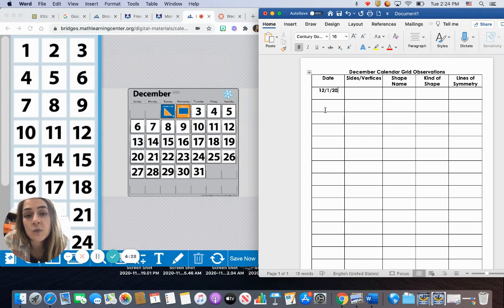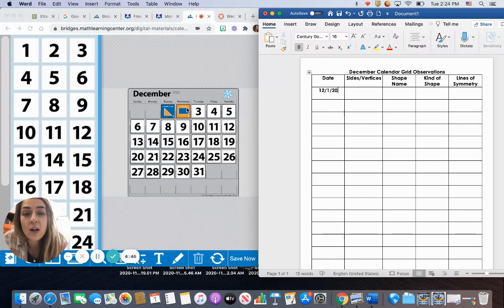Sometimes you'll see it just written 20. You only write the last two numbers. Sometimes you'll see it written like that. It doesn't matter. I'm going to just do 20. All right. Then yesterday's shape, sides or vertices. Sides and vertices. So corners and the sides.